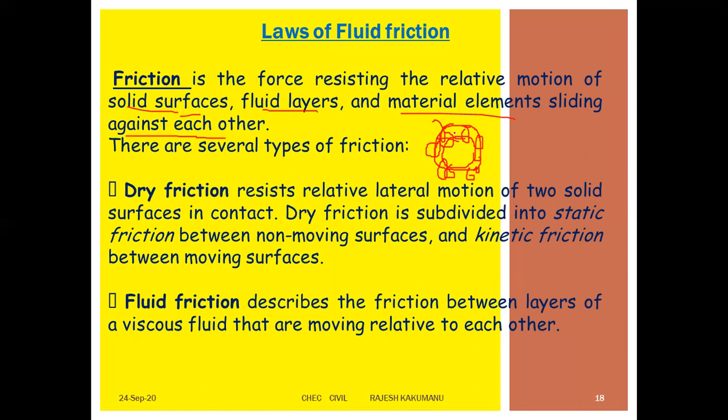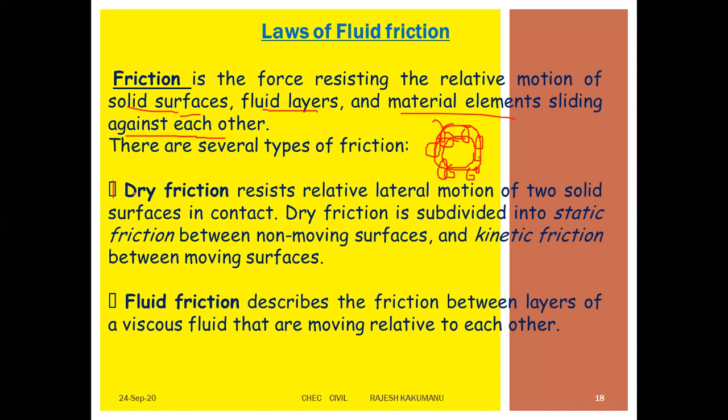Understood? Now there are various types of friction to discuss, but for our main concern we will discuss only the fluid friction and loss of fluid friction. Now see the first one. First one is the dry friction.